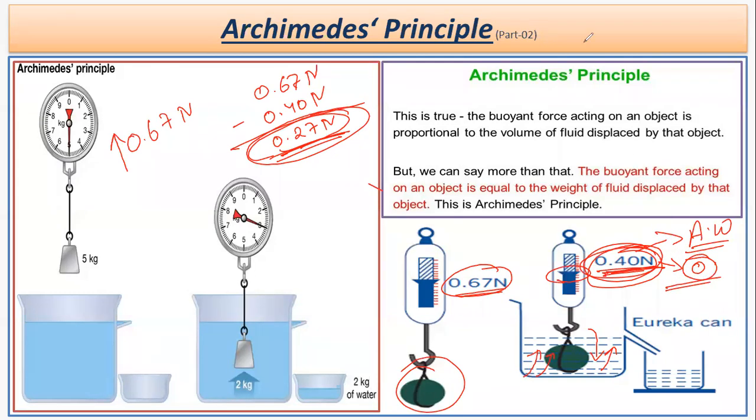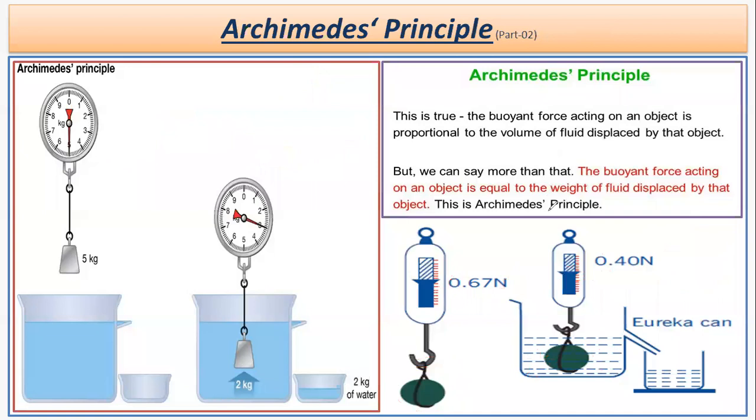It is not necessary that our apparent weight will always be 0. But yes, the apparent weight will always be less than the actual weight.